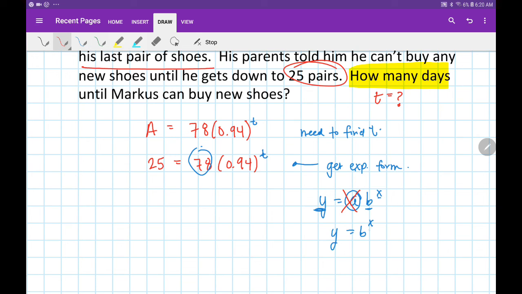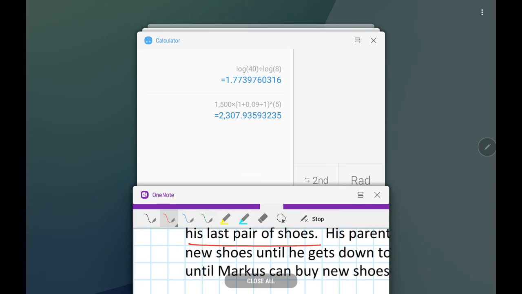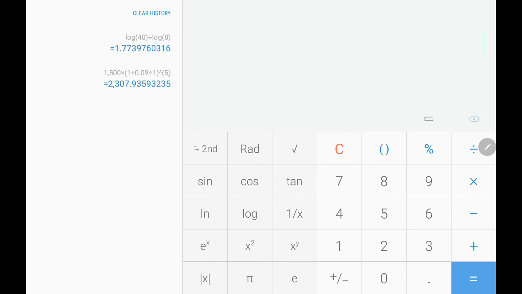There shouldn't be anything in front, so that way I can go into log form easily. To get rid of the number in front, I'll just divide both sides by the number. That'll cancel it, leaving me with 0.94 to the power of t equals 25 divided by 78, which is 0.3205.